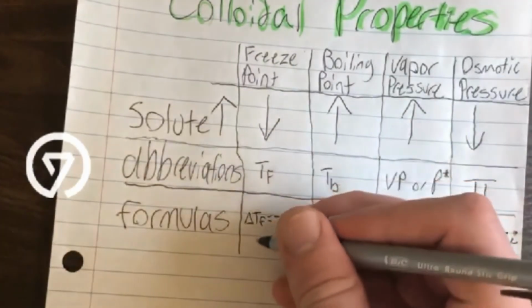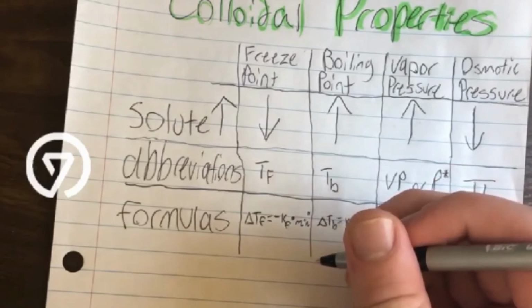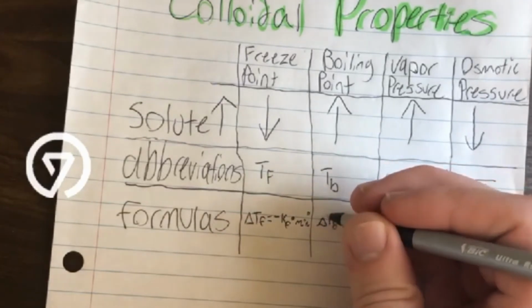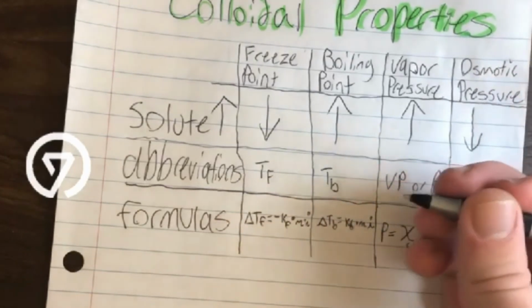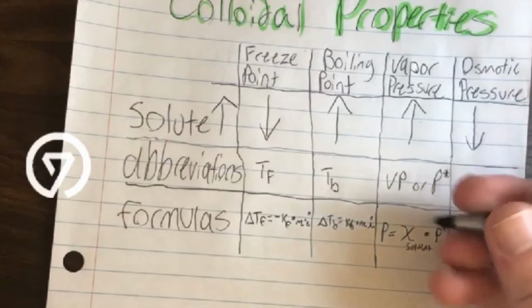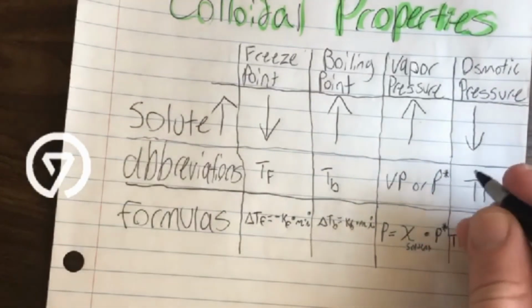Formulas: you have delta TF equals negative KF times molality times I for freezing point. For boiling point, you have delta TB equals KB times molality times I. So both of those are molality. Sorry, didn't say it last time.